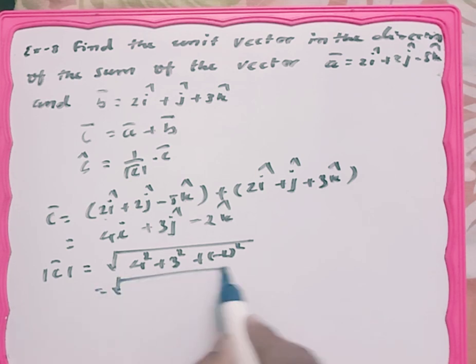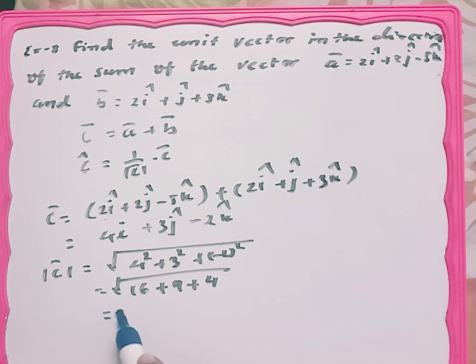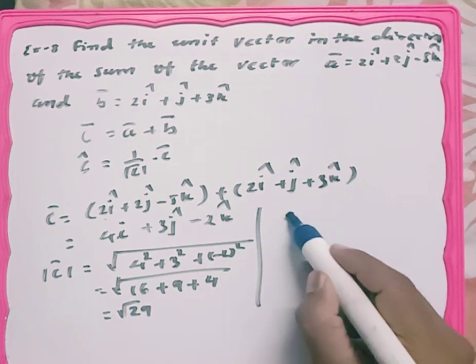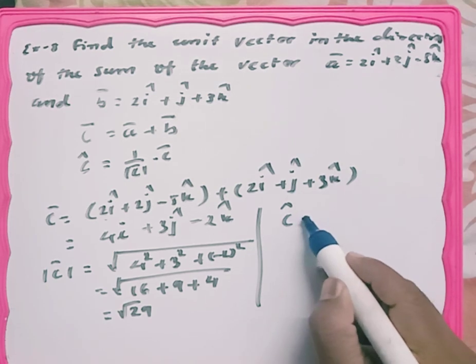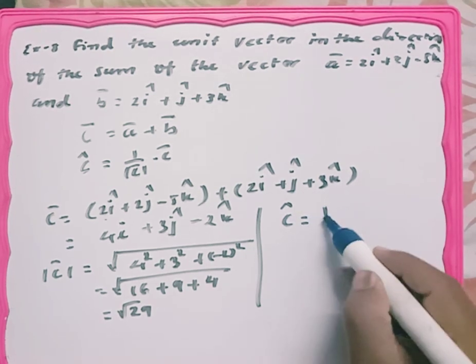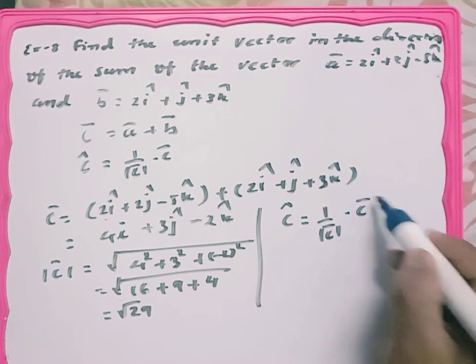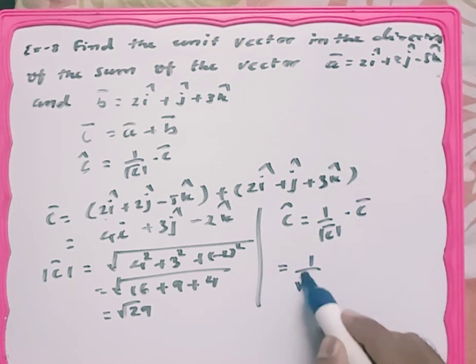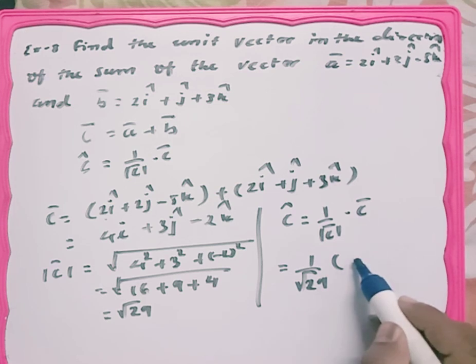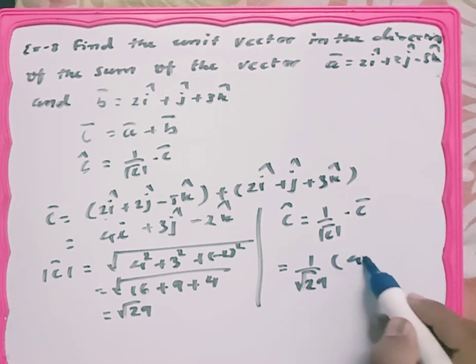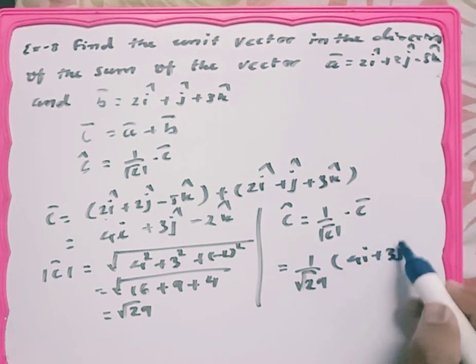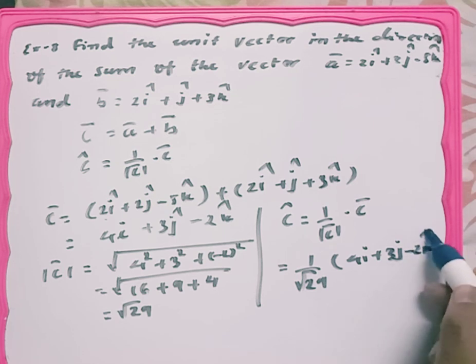So it will be 16 plus 9 plus 4, so under root 29. And so the required unit vector we can write, c unit vector equals 1 by magnitude c bar into c bar. So 1 by root 29 into 4i plus 3j minus 2k caret.